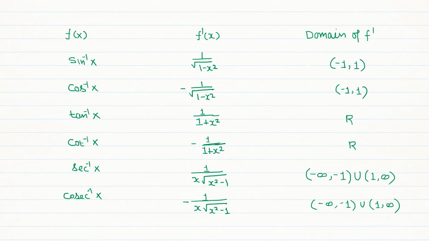Similarly, sec inverse x and cosec inverse x, the derivative is exactly the same. The only difference is that with cosec inverse x there is a negative sign. So one hint to remember these formulae: whenever we have co in the inverse trigonometric functions, their derivatives are all negative. So if you recognize the pattern like this, it will be easy to remember these formulae.